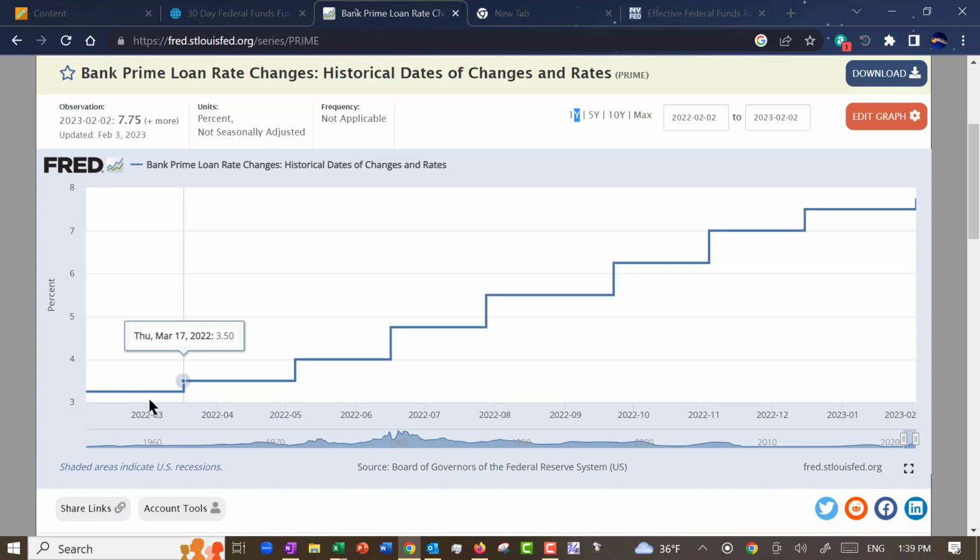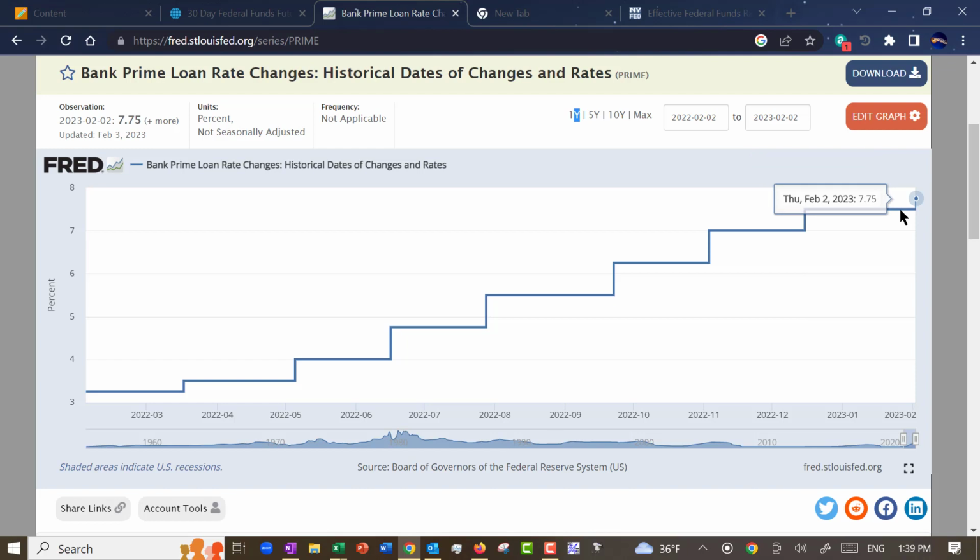On March 17, it was 3.50, then it went to 4. Why? Because the Fed increased interest rates by 50. Then 75, then another 75, another 75, another 75, 50, and 25. It's very highly correlated with that.